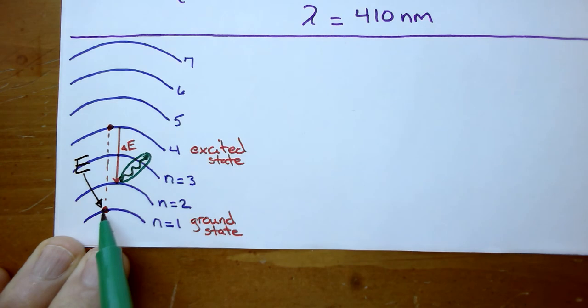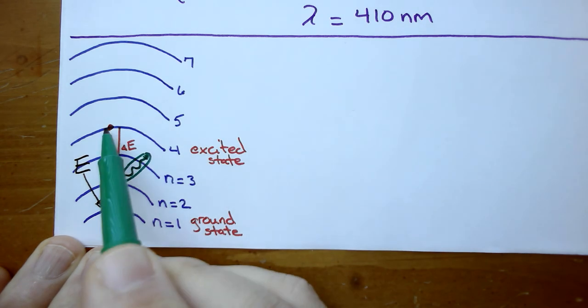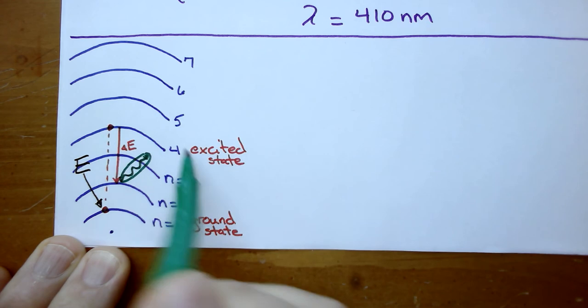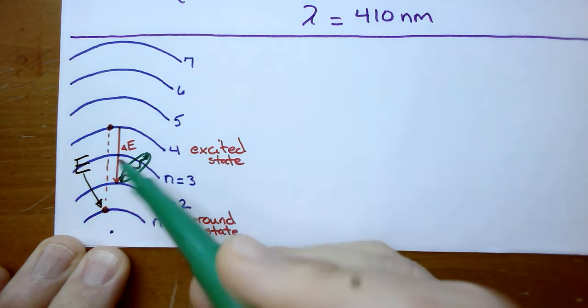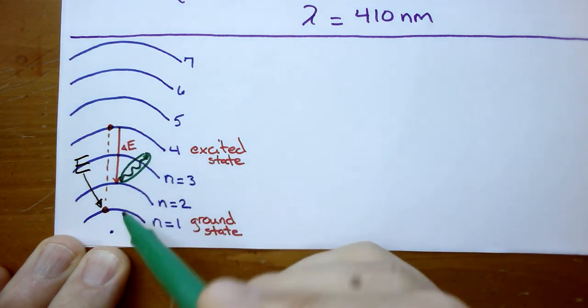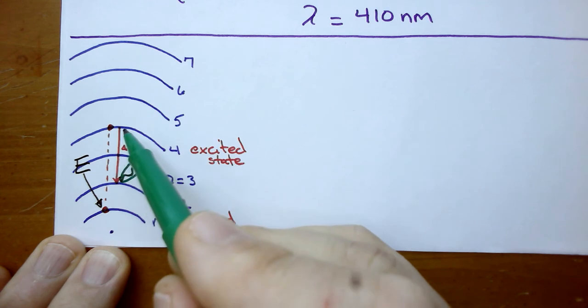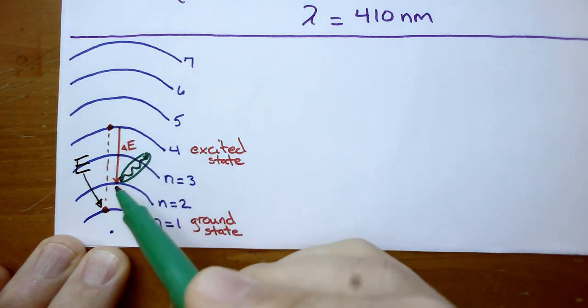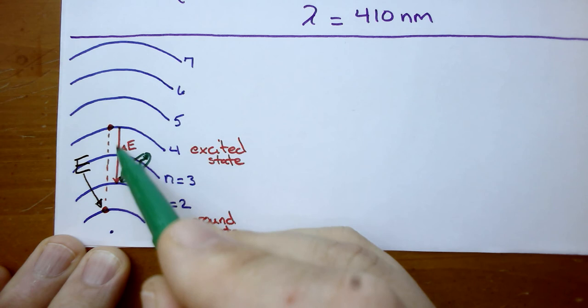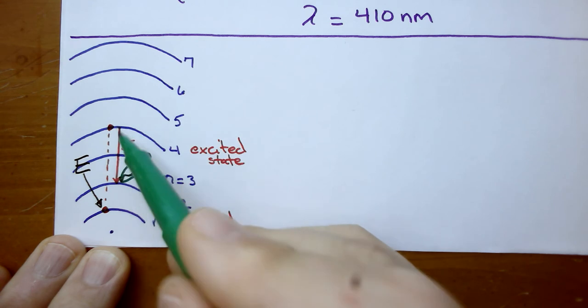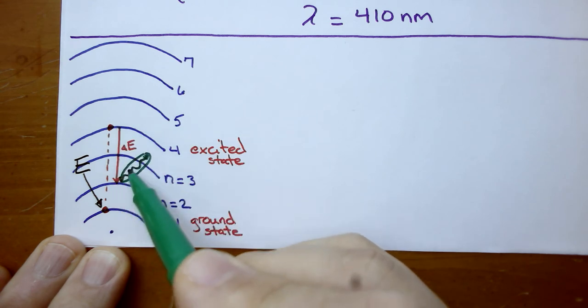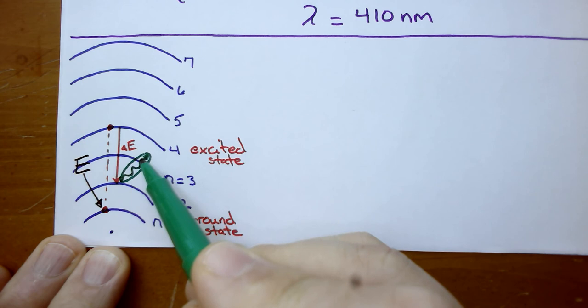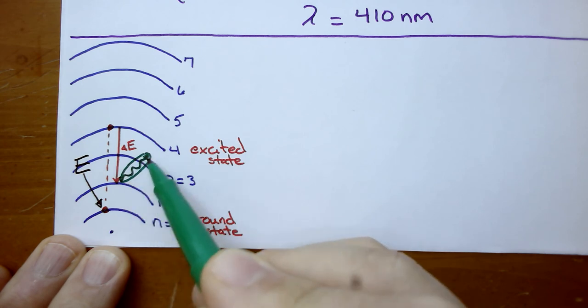It absorbs energy, gets excited to a higher energy level, which we call the excited state, and it drops back down. And it could drop to any energy level, but let's say in this case it dropped to energy level 2, and that energy difference from 4 to 2 has this wavelength, a frequency, a specific amount of energy known as a photon.